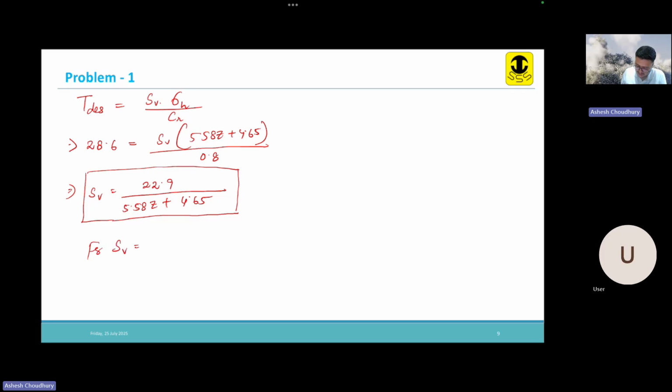For now, we know that spacing is restricted to 1 meter. So what is equal to 1 meter? We have 1 is equal to, so that comes as 3.3 meter. For S_V equal to 0.5, my Z will come out as 7.37 meter.